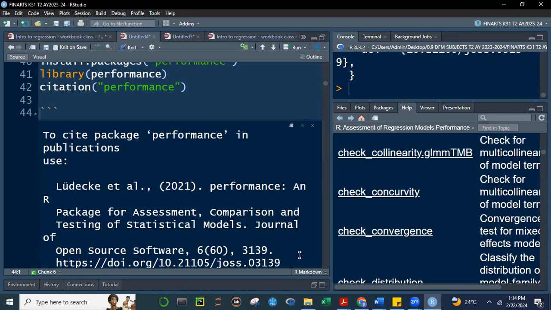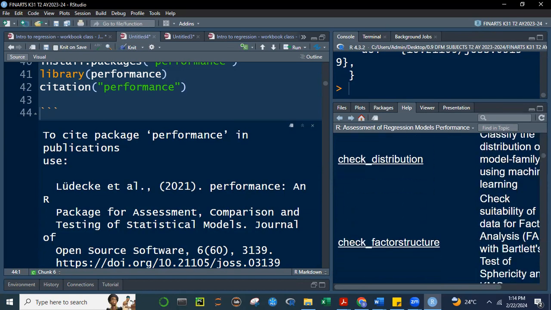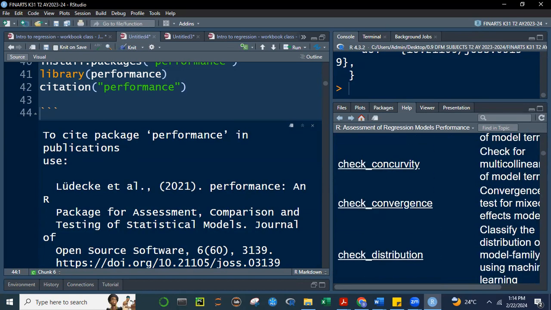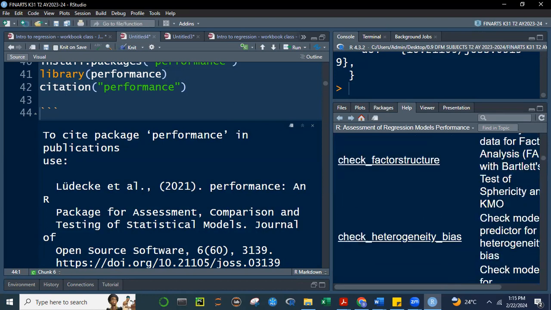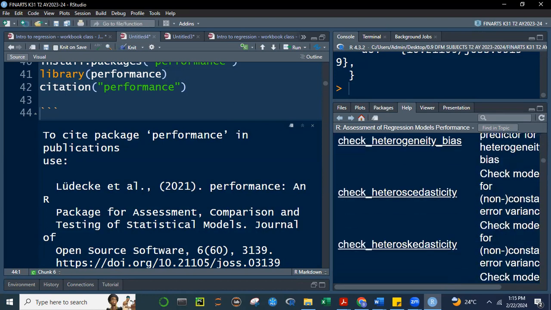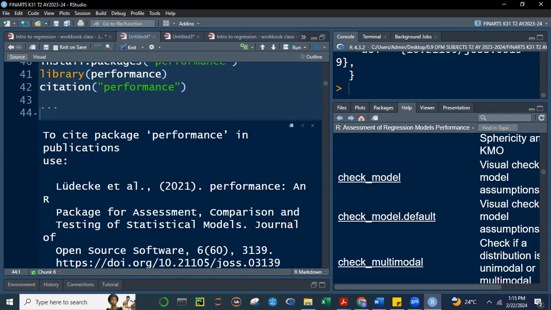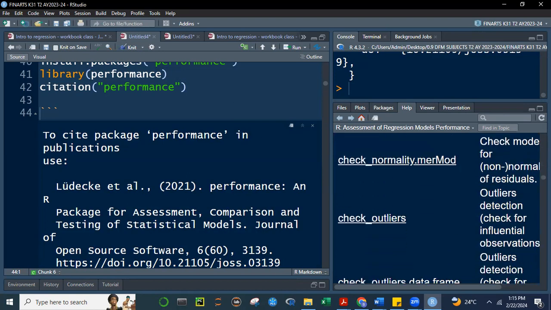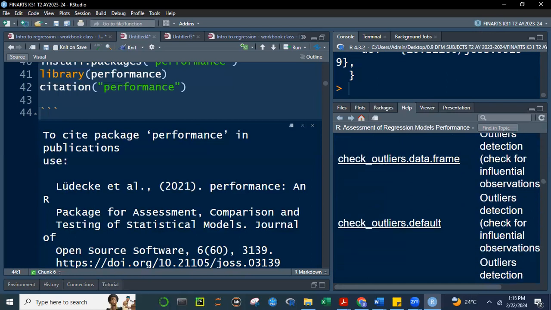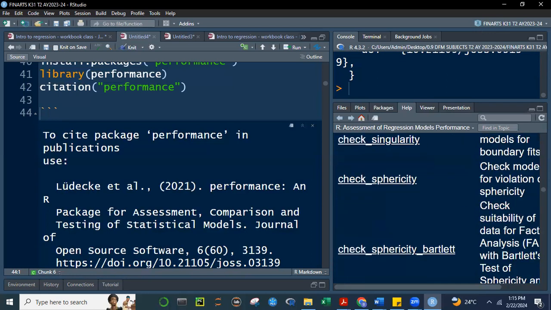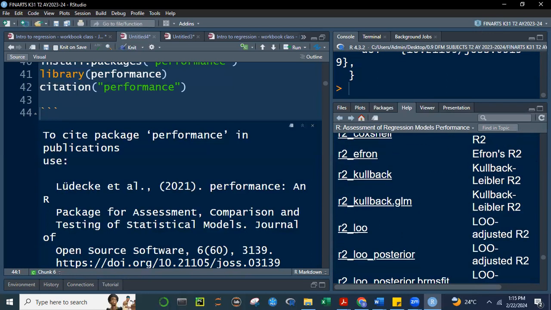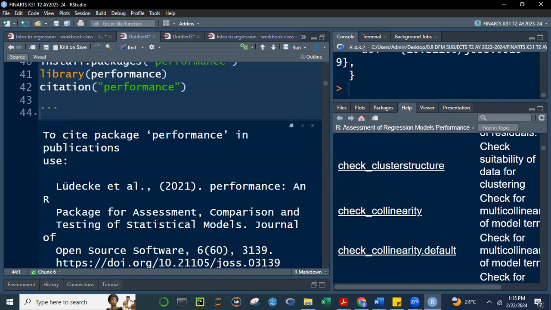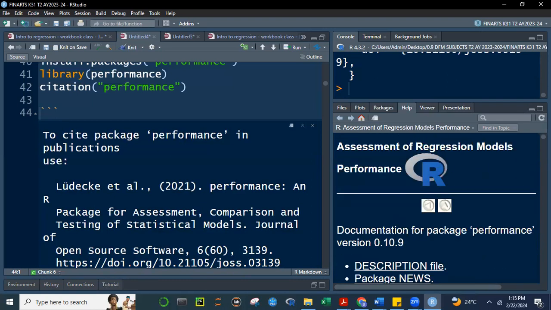You will have to check the validity of your model by checking if there are any violations of the assumptions. So you can see here, there are many things that we can check: normality, check outliers. So many functionalities here, and I leave you, class, to explore for yourself.